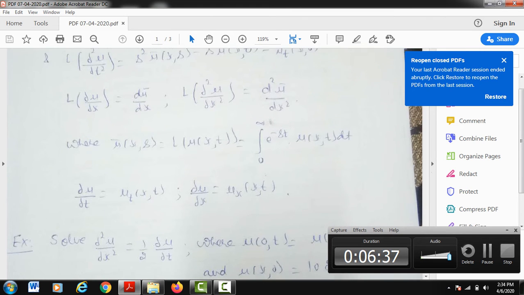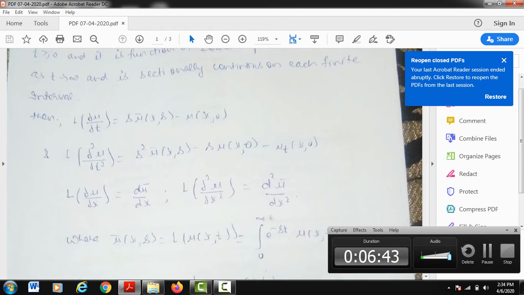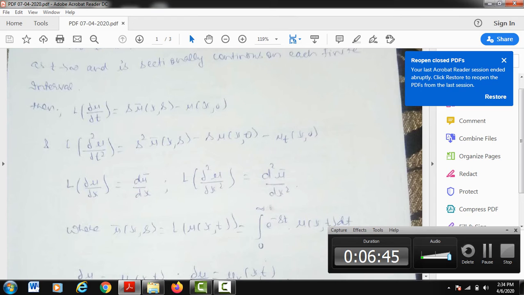Okay students, so before doing the applications of the Laplace transformation for solving second order partial differential equations, you have to keep these results firstly in your mind. Once again I am telling you students, L stands for Laplace. In brackets, whatever we are writing means the Laplace transformation of that function. So how to remember these results?